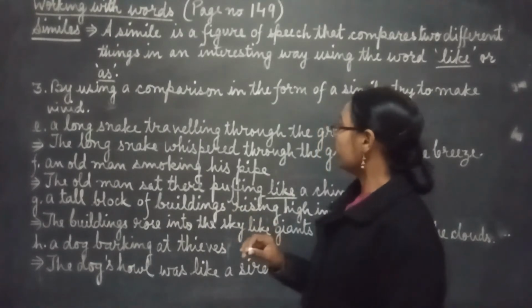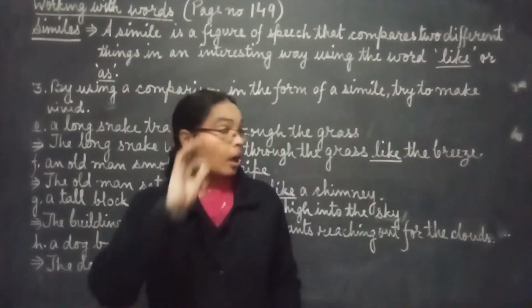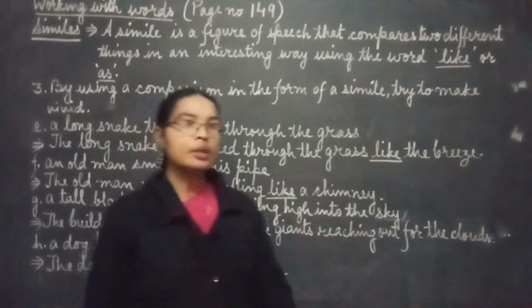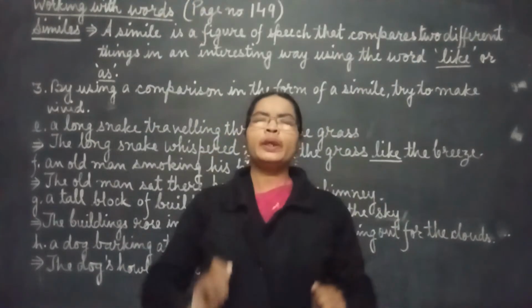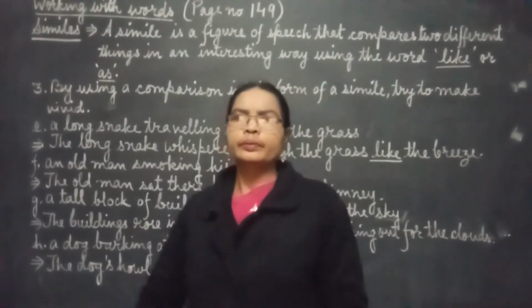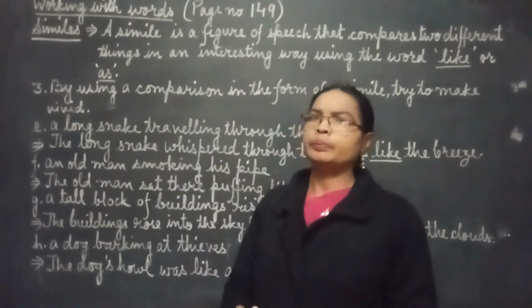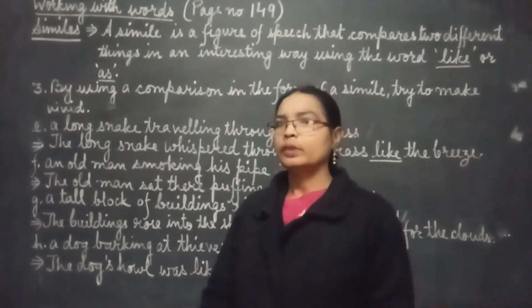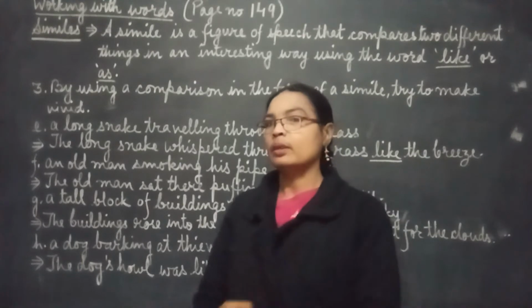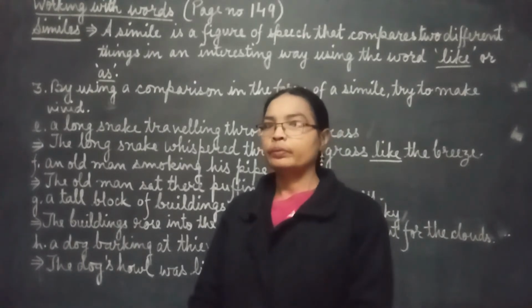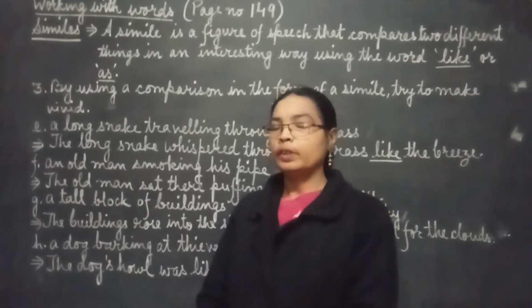And what happened to the buildings? They are rising high into the sky. Means very tall buildings are there. Alright, very tall. It seems that they will reach the sky or the heaven. It seems like that.